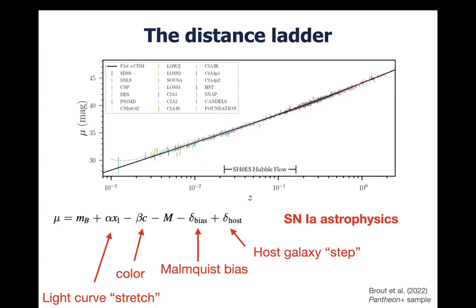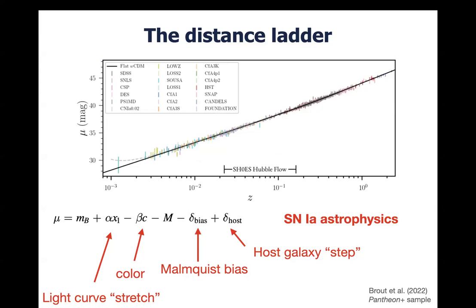So you use this equation here, which relates the distance modulus to the observed brightness, the apparent magnitude, and some way of predicting the absolute brightness or absolute magnitude in a cosmology-independent way.